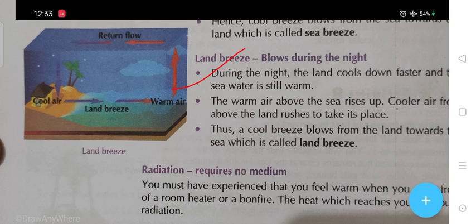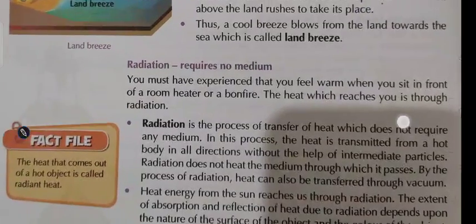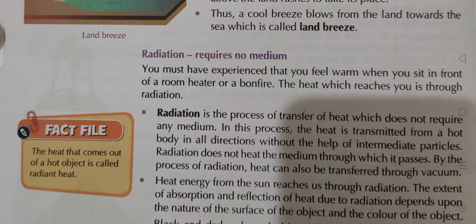Now students, the third method of heat transfer is called radiation. Students, in the conduction process, I told you, it mostly takes place in solids, and the convection method mostly takes place in liquids and gases. Now we will discuss radiation, which requires no medium.